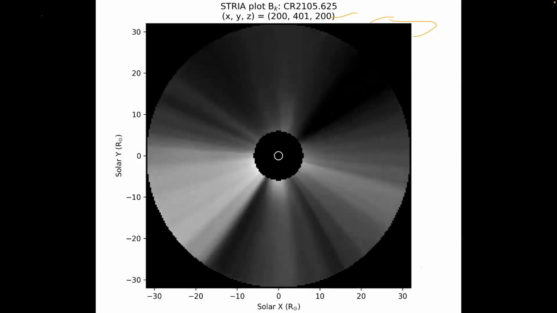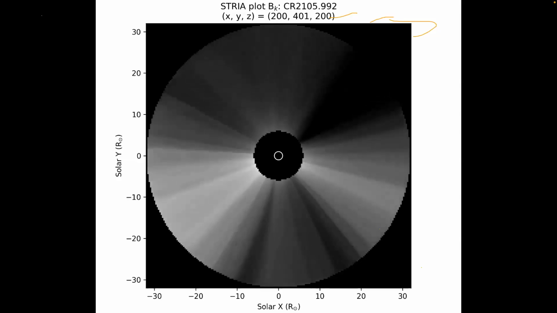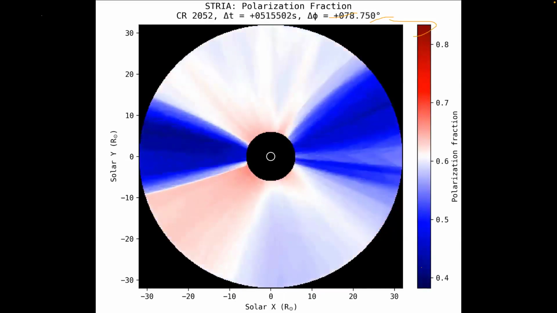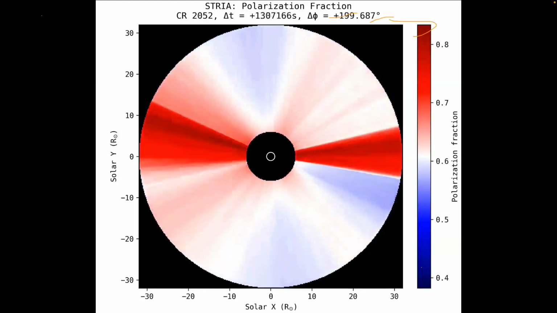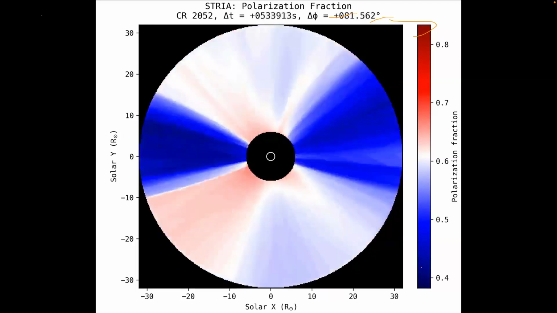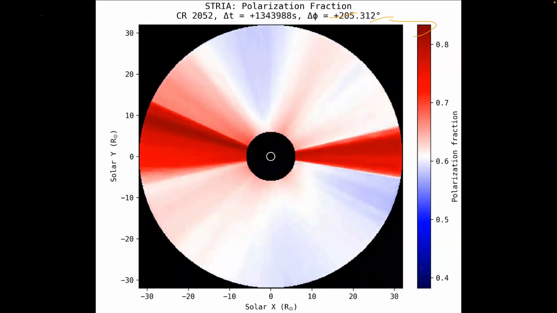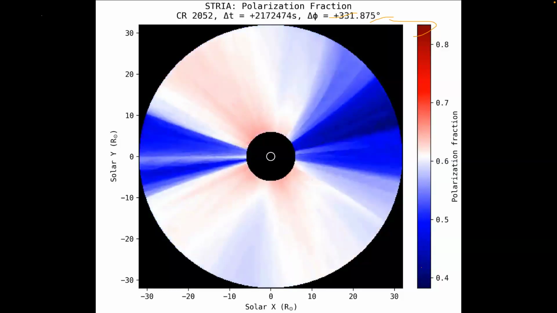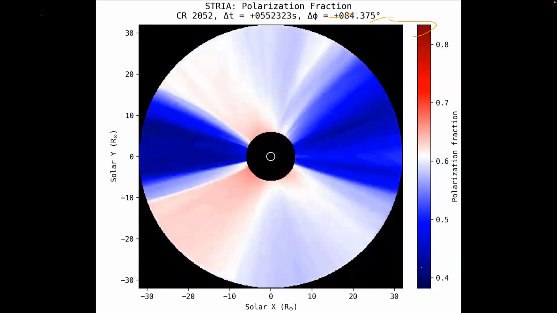The nice thing is we have both the total brightness and the polarized brightness, and the polarization ratio can be plotted as well. Interestingly enough, I'm fascinated by these plus or minus 0.1 swings in the polarization fraction that are going to tell us something about the 3-dimensional structures.